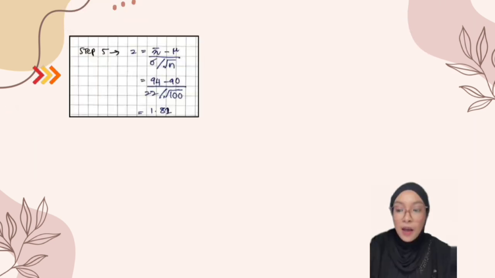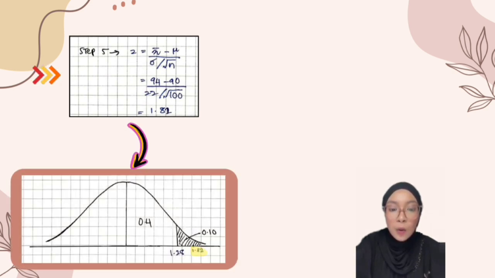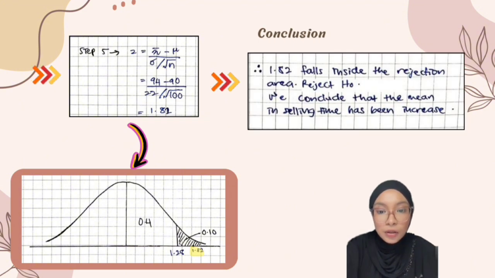For the last step, we compute the Z statistic using the formula x bar minus mu divided by sigma over square root of n. So we replace it with the values from the question and we get 1.82. When we look back at the graph, 1.82 is greater than 1.28. So we can conclude that 1.82 falls inside the rejection area and we have to reject H0, and that means the mean inserting time has been increased.